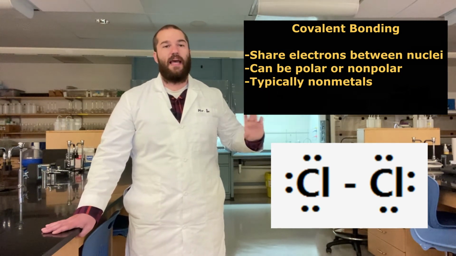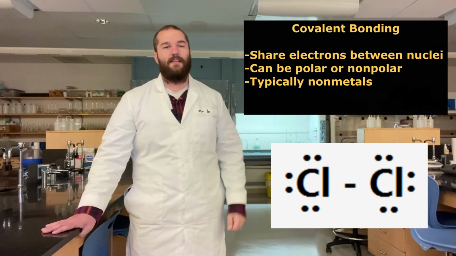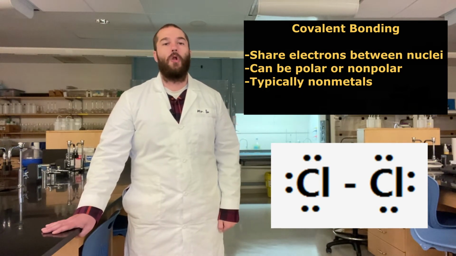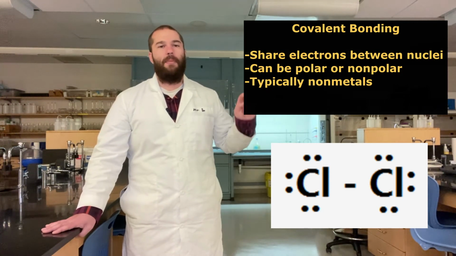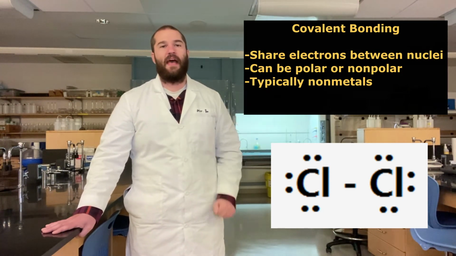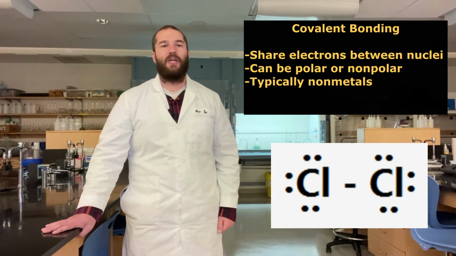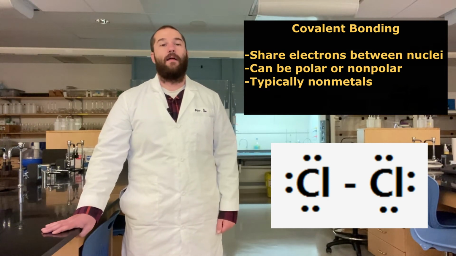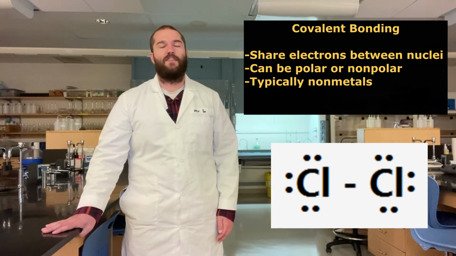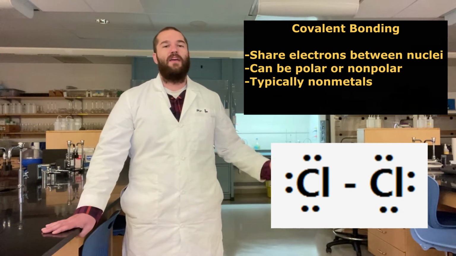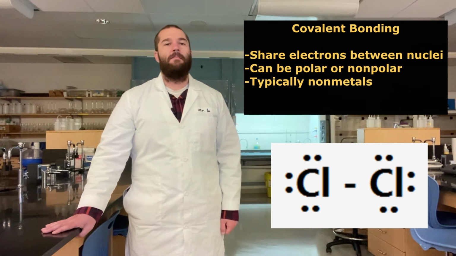It would have 3 sets of 2 for a total of 6 electrons. These would be called lone pairs. It would have 3 lone pairs, so 3 pairs that belong only to that chlorine atom and they're not being shared. Same with the other chlorine atom. It would have 3 of its own lone pairs for a total of 6 valence electrons that are not shared. And then the 2 electrons in the middle between them would be shared in chlorine.